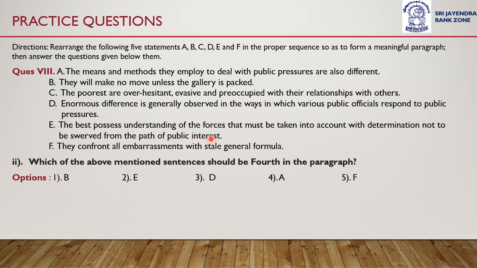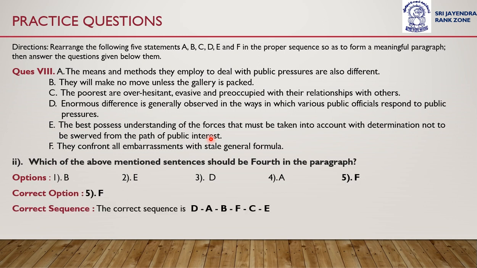We know that D is the first sentence and last is E. We have to fill in the blanks. So DABFC is the sequence, and the fourth sentence is F.